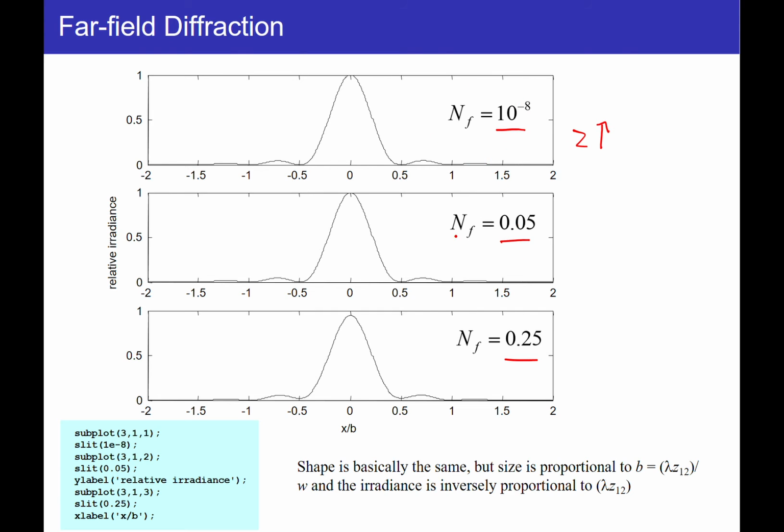As you can see, it is basically far field, and it is indeed a sine x over x function, which is the Fourier transformation of the rectangular function.